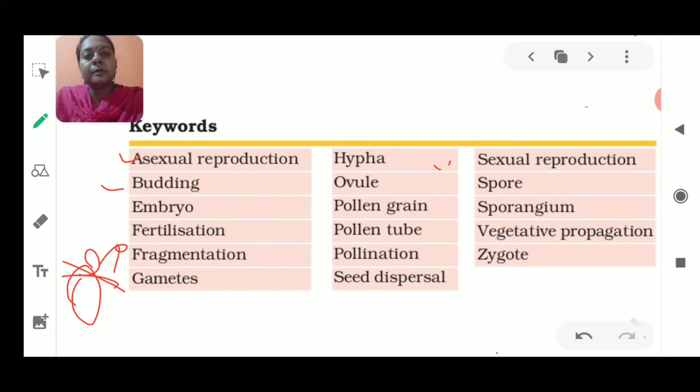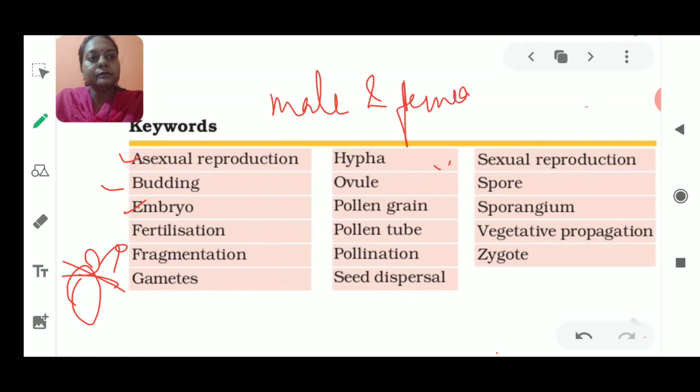Okay, the next word is embryo. Embryo is the developed part of the zygote. Now where is this zygote produced? Once fertilization has taken place, the male and the female gametes are united, they are fused.